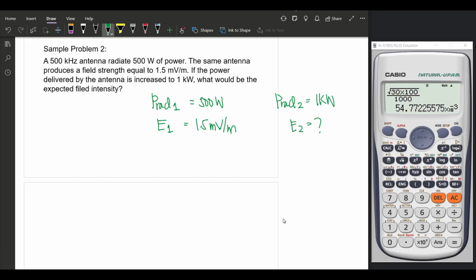We're going to relate the two. When the problem only asks for a relation, you can use the formula we have, the one with 30 that we used in part C of problem number 1.